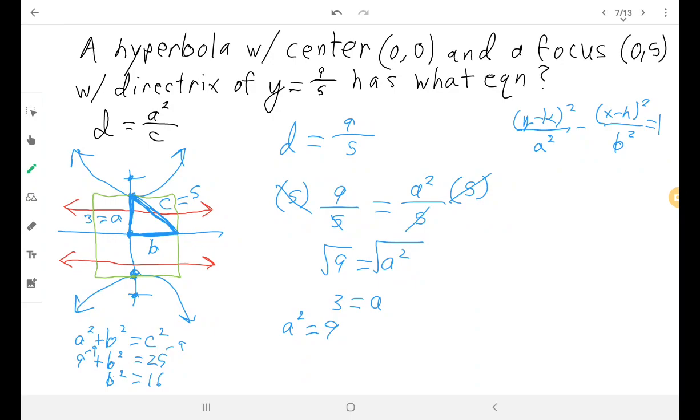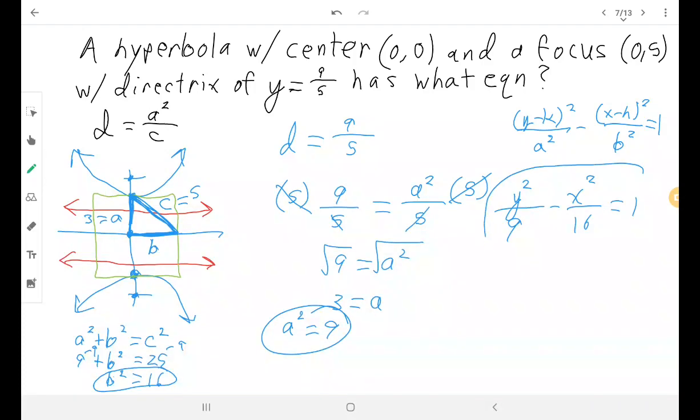And then my h and my k are 0, so y minus 0 is just y squared, over a squared, which is right there. a squared is 9, minus x minus 0 all squared is x squared, over b squared, and b squared is 16, equals 1. And there I have the equation of the hyperbola.